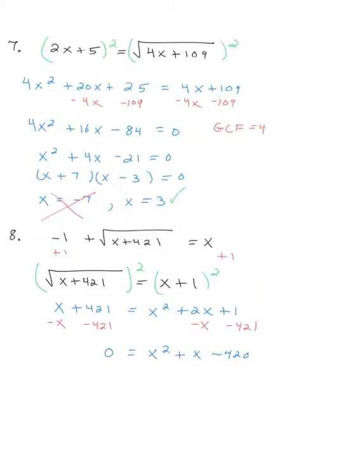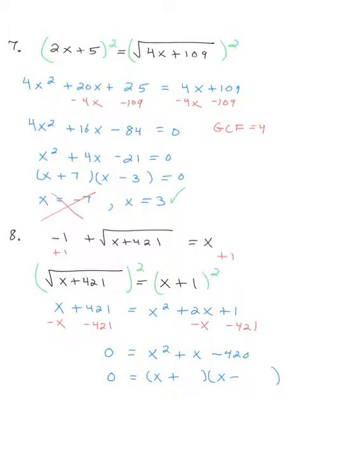All right, I want to guess the factors of this. Well, one's got to be a positive and a negative. The values should be close to each other if I want to sum to a positive 1.